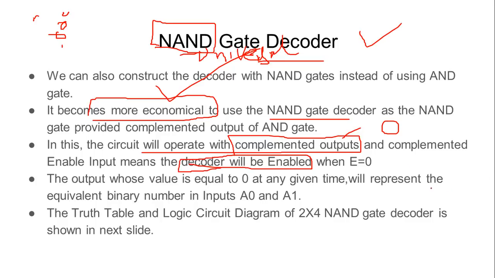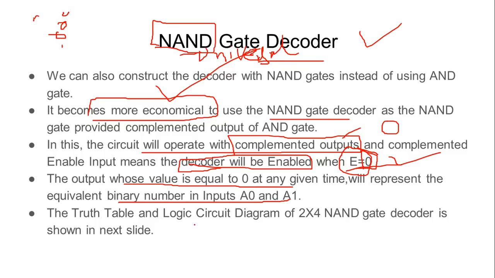There is nothing more than that. Before, enable should be equal to 1. Now I am saying when the enable is equal to 0, I will consider that this circuit is actually working. Same is the case for the output: the output whose value is equal to 0 at any given time will represent the binary number in the inputs A0 and A1.